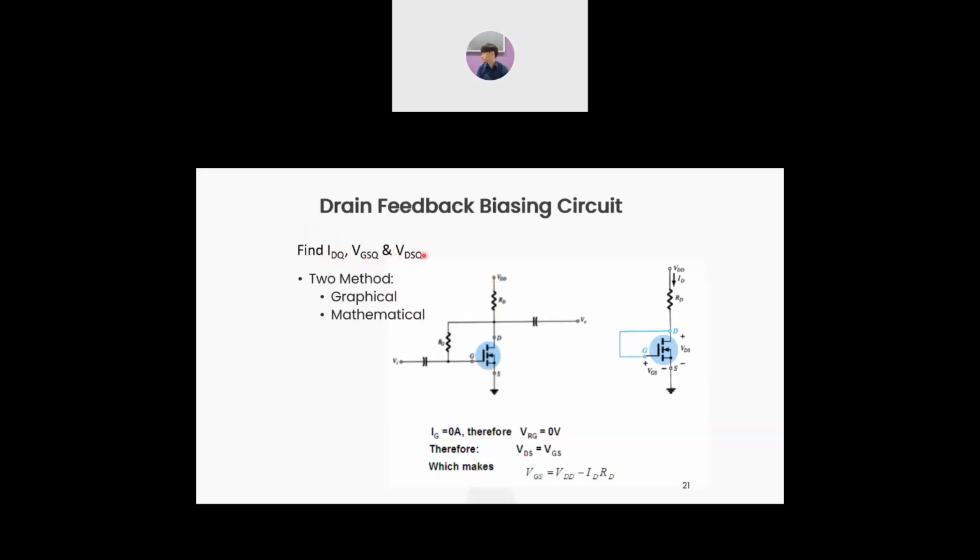Then VDSQ. Since this is the Q point, this is actually the DC intersecting with the AC. So we are solving for the DC now. When solving for the DC, practically we open the capacitors, leaving only this structure.